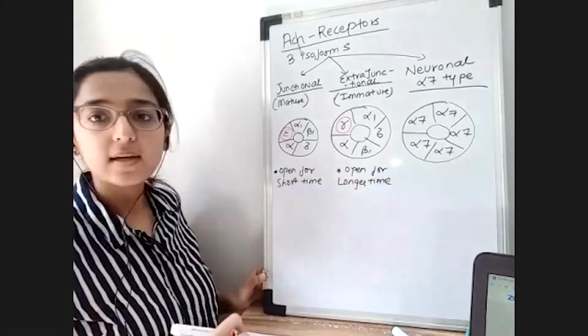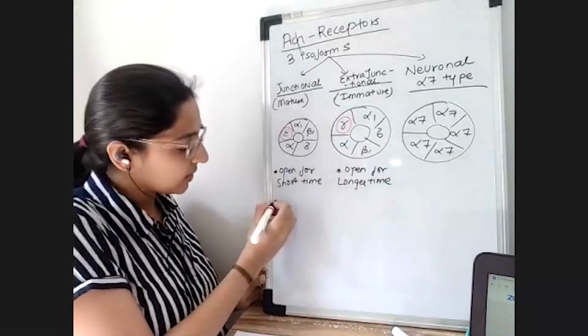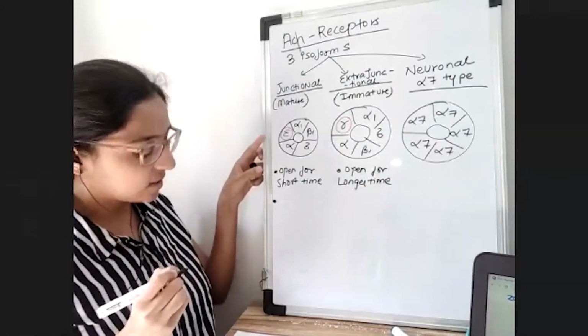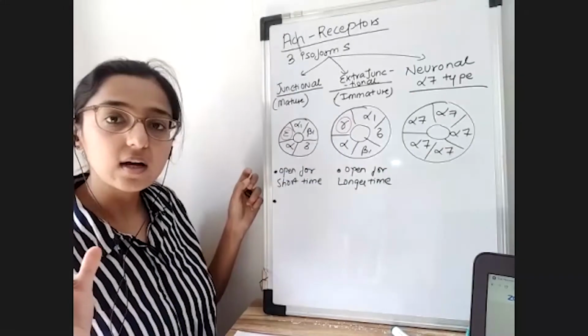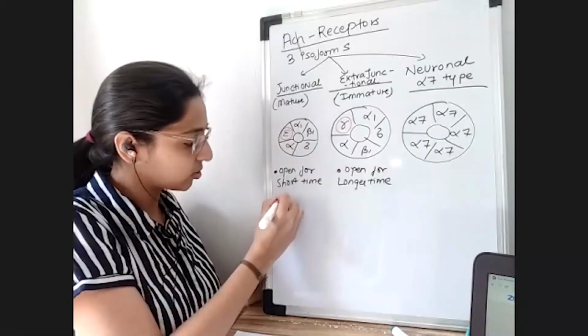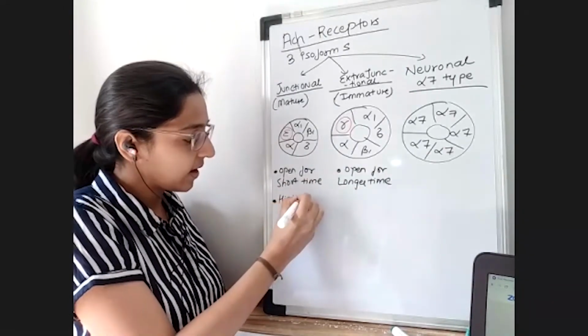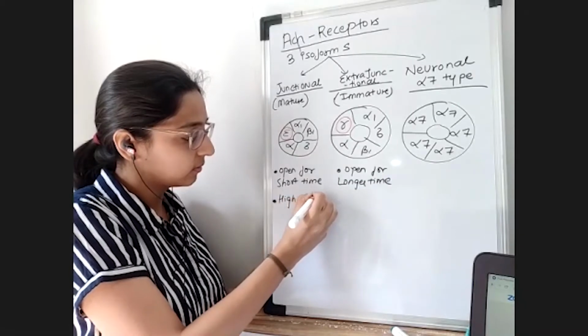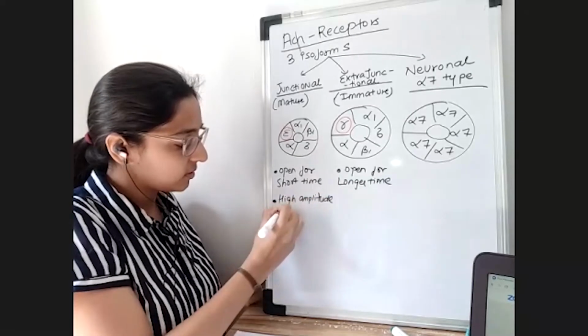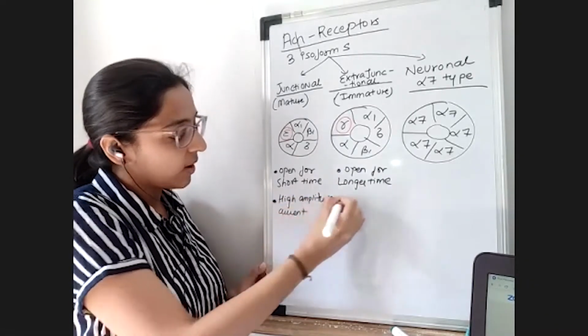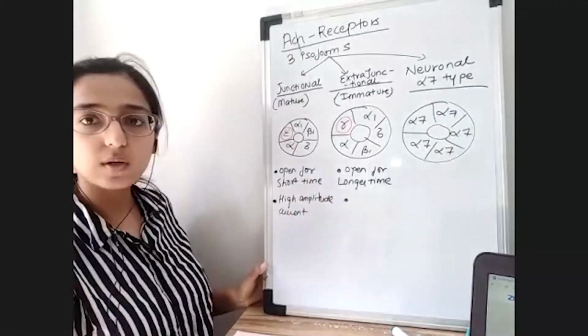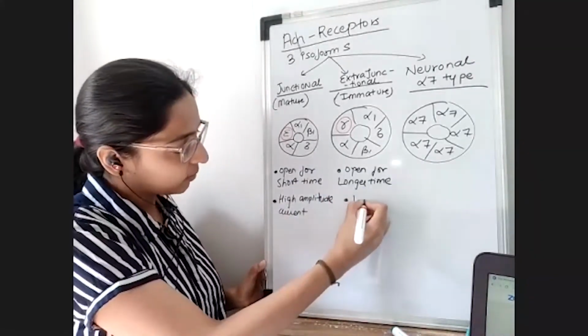Then there's another property. This junctional receptor, which is mature, will conduct high amplitude current, whereas the extrajunctional will be conducting low amplitude currents.